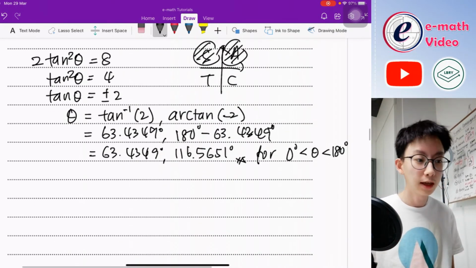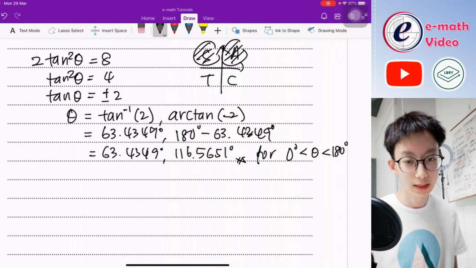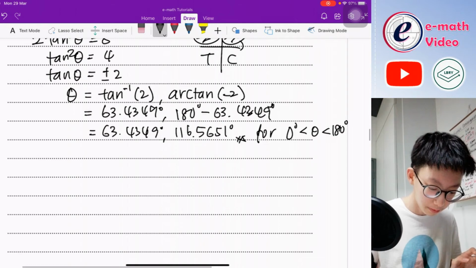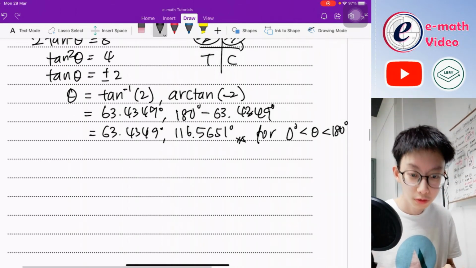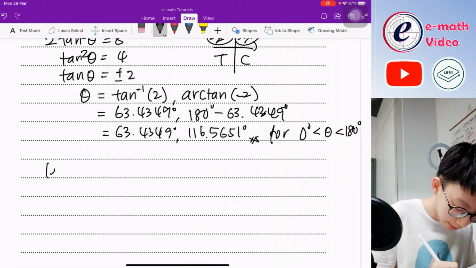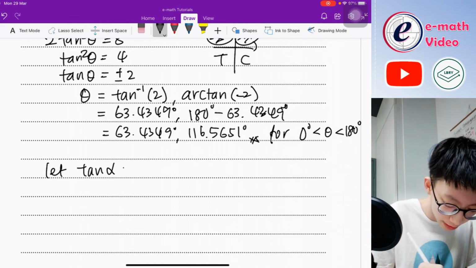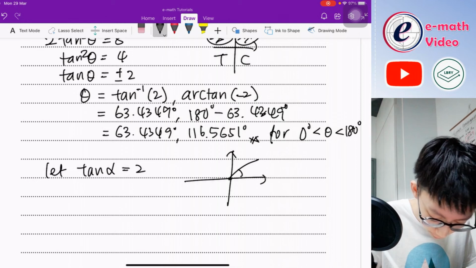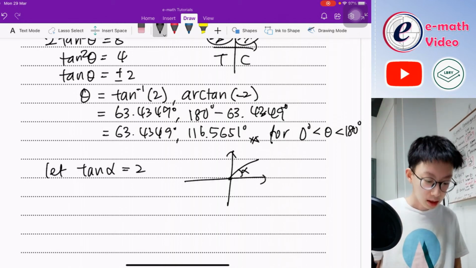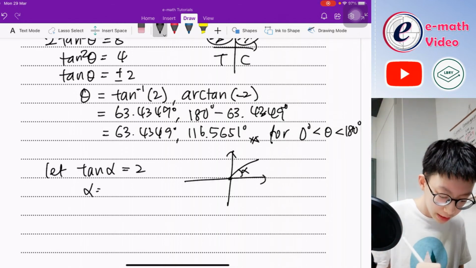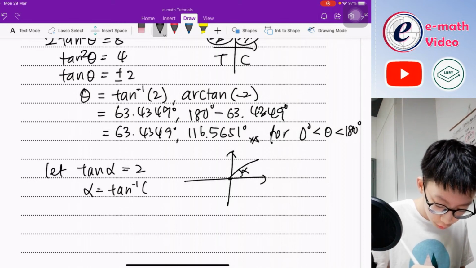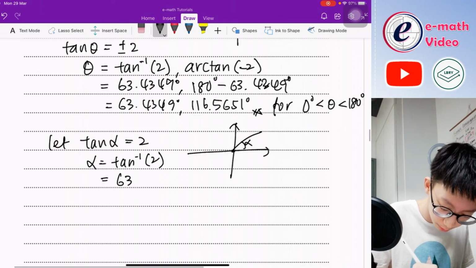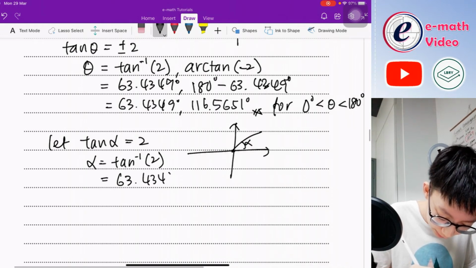But if you want to write it more detailed, you can actually draw the reference angle. Let me do it for you. We'll let tangent alpha be 2, which means it is like this, your reference angle, this is your alpha. So alpha will be arctan of 2, which we already pressed on the calculator, is 63.4349, and this is your reference angle.